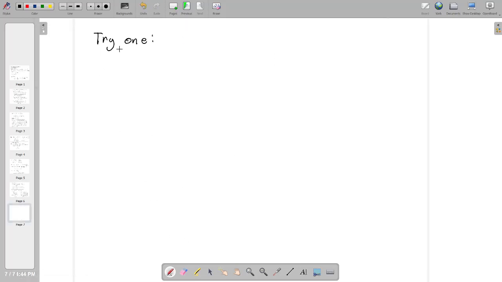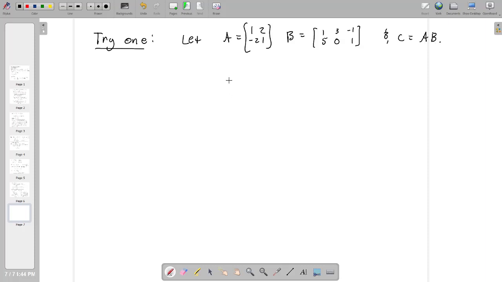Try one on the accompanying worksheet. Let A equal 1, 2, negative 2, 1, and B equal 1, 5, 3, 0, negative 1, 1. And C equal AB. You only need to find a couple of parts here, so just find C12 and C23.